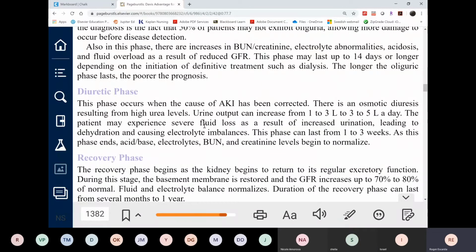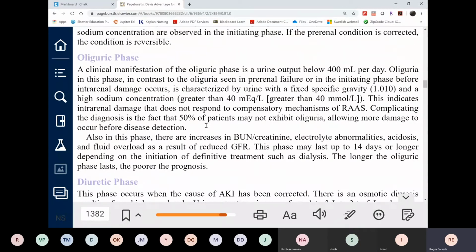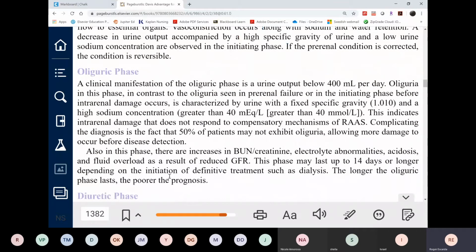Without looking at the interventions, what do you think we will do for the patient who is in the oliguric phase? If your patient is not able to make urine, isn't able to regulate blood pressure, isn't able to eliminate water, isn't able to eliminate waste products, isn't able to regulate electrolytes, what will be the patient's orders?